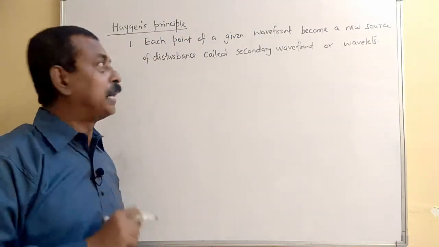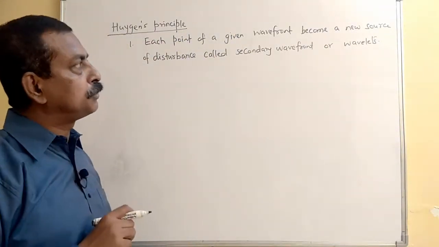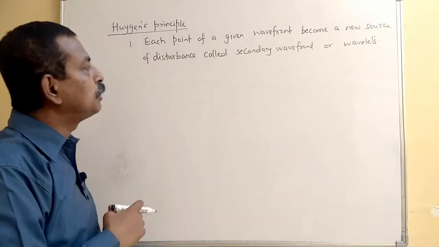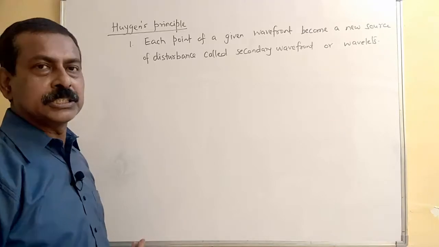So this is the first part. Each point of a given wavefront becomes a new source of disturbance called secondary wavefront or wavelets.